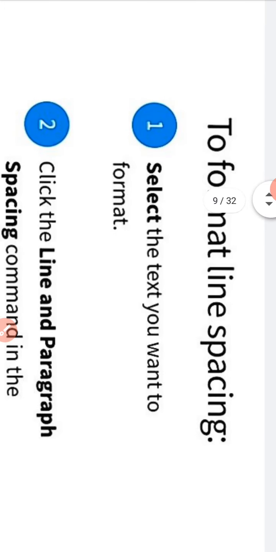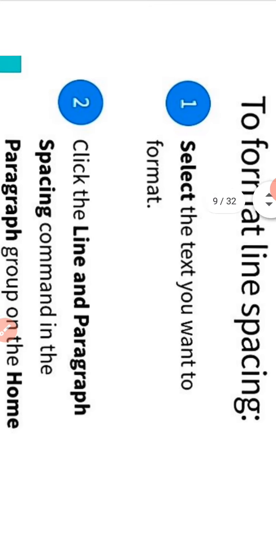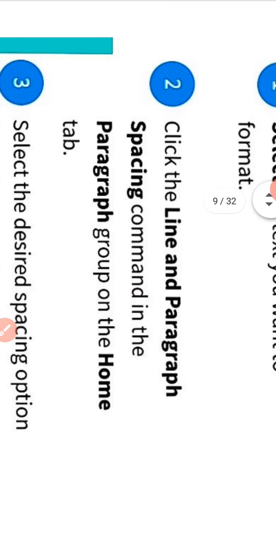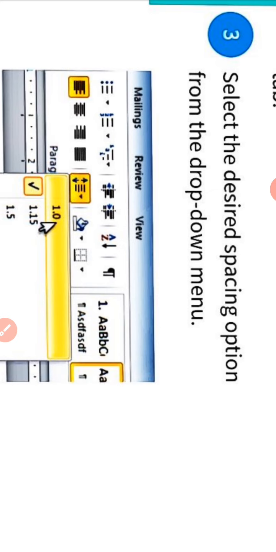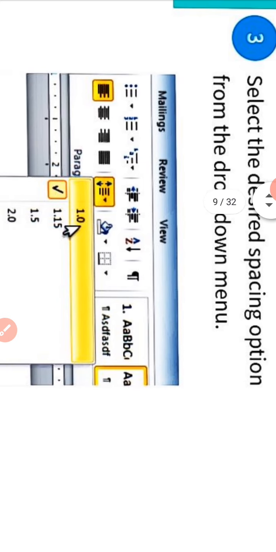Once again, the following steps are to be followed in line spacing. Step 1. Select the text you want to format. Step 2. Click line and paragraph spacing command in the paragraph group on the Home tab. Select the desired option from the drop down menu.